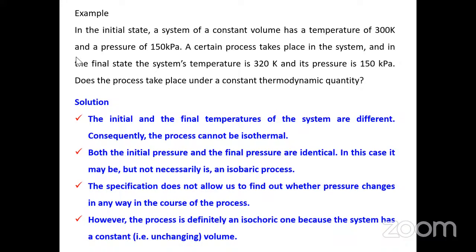Now, however, the process is definitely an isochoric one. You can see in the first sentence there that it said the system is of a constant volume. When the process is taking place in a system at a constant volume, then that is isochoric.